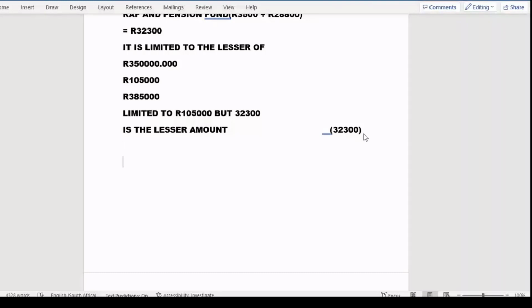So this will be the income before the donation. Okay, and then we're going to look at the donation, the PBO.